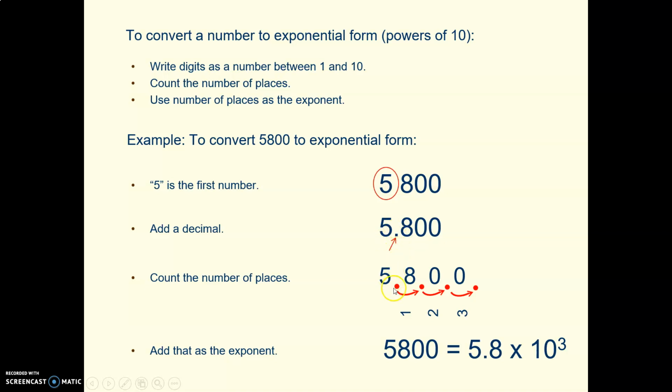And then you count how many decimal places it is to the end of your number. So counting 1, 2, 3. There are 3 decimal places, so your number is 5.8 times 10 to the third. That means the same thing as 5,800.